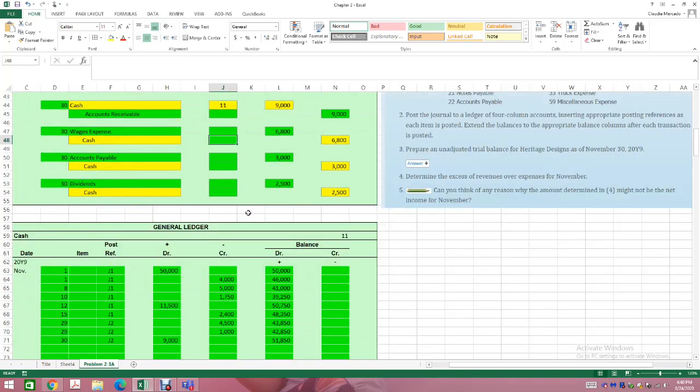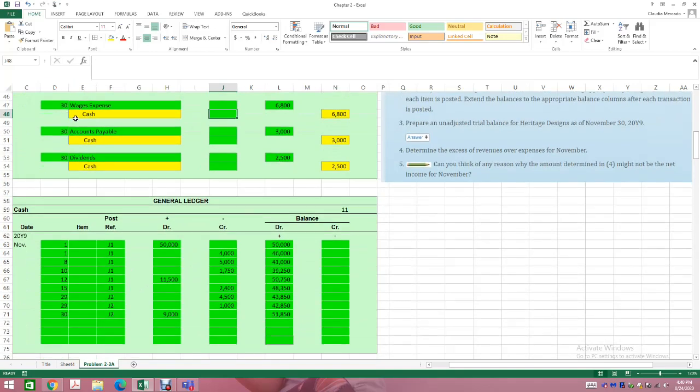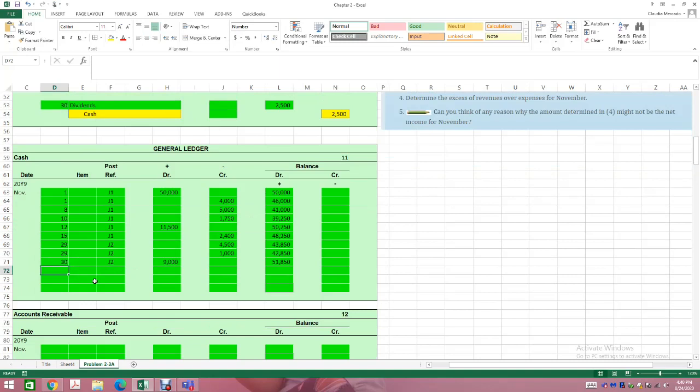Next, we have on the 30th, cash, a credit of $6,800. So on the 30th, this is journal 2. And we have a credit of $6,800. Because it's a credit, I'm going to minus. Depending on the type of account it is, it's going to vary if you add or subtract.